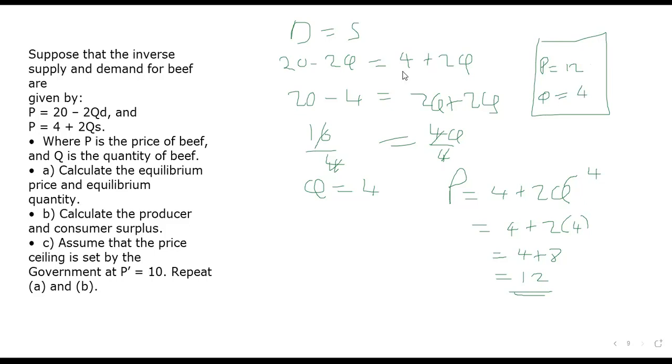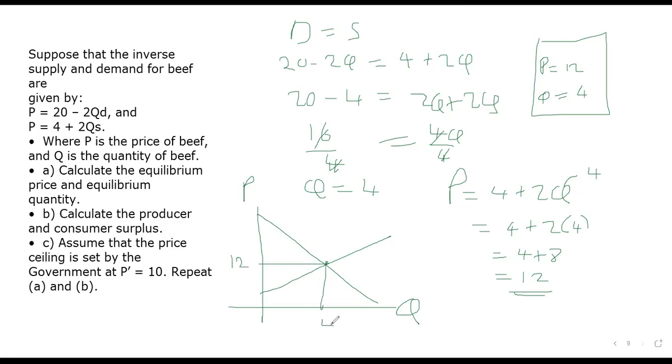Now, how do we draw the demand and supply? Demand is here, supply is there. They are meeting at what? Where do we put the price? Here. Where do we put the quantity? There. What is our equilibrium price? 12. Quantity is 4. And you identify the intercepts. What is the intercept for the demand?